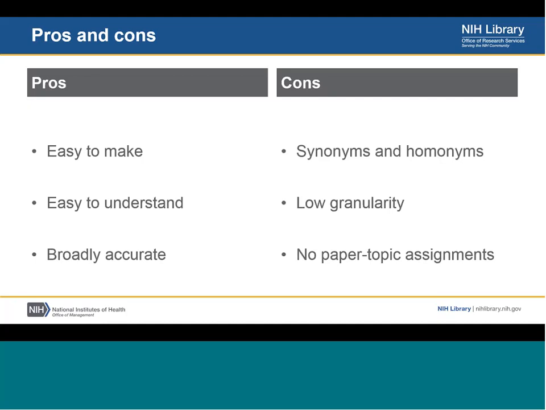So if you're interested in looking at the number of papers in topic areas, for instance, or changes in the topic areas over time, those kinds of things are much, much harder to do with word co-occurrence networks than they are with other types of approaches. So again, with these word co-occurrence networks, it's great for getting a very high-level, very quick overview of what these top papers are about. But if you want more detailed kinds of looks at these documents, maybe this is not the approach to take.